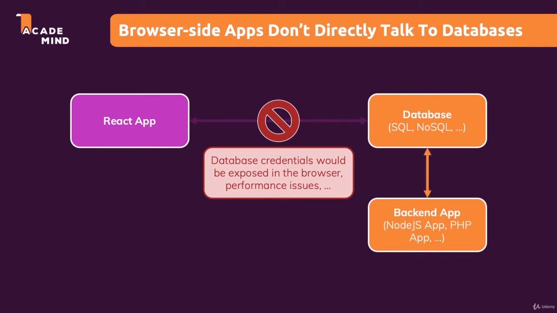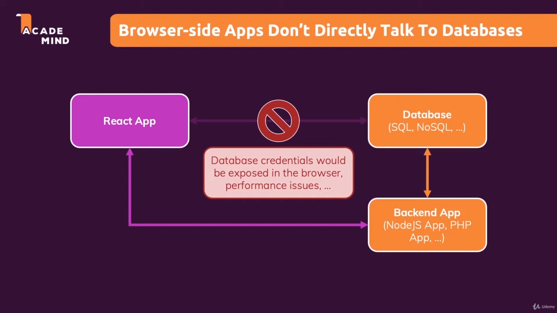Because you can safely store and use database credentials on the backend application, since that backend code can't be viewed by your users. It's on a different server and the users of your website will never see that code. And therefore, the React app will then talk to that backend server, to that backend API typically, which is a server which exposes different URLs requests can be sent to, and we're going to see this throughout this section.